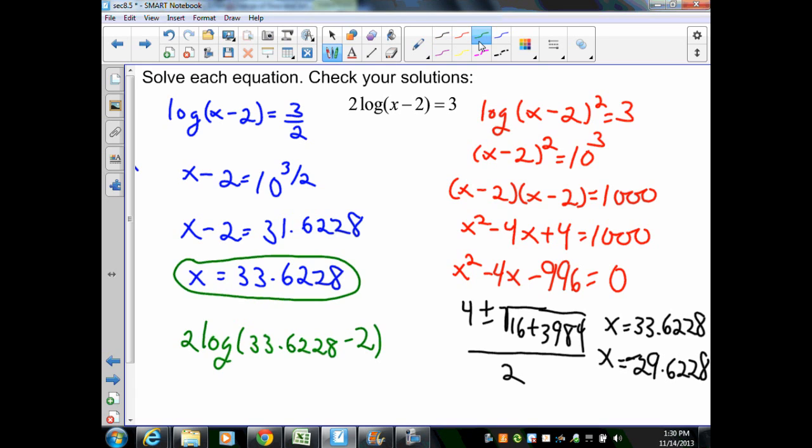But we've already substituted in this value, so we know that that is a solution, as we've seen over here. But when I substitute this back into the equation, the negative 29.6228 won't work. Therefore, I still end up with the same solution, but this is a lot quicker.